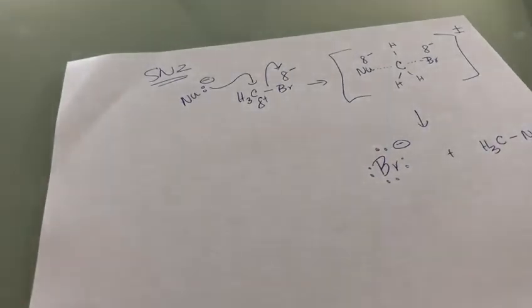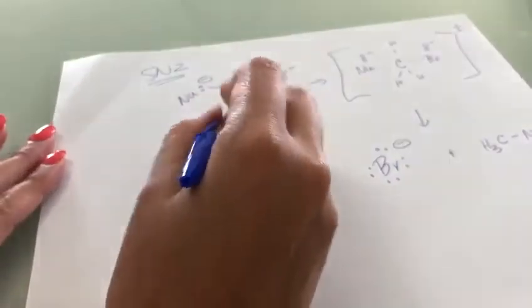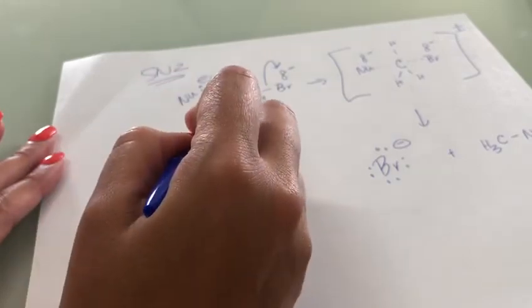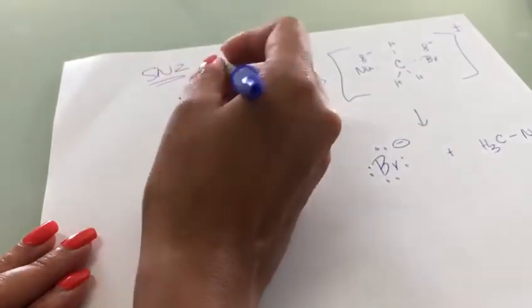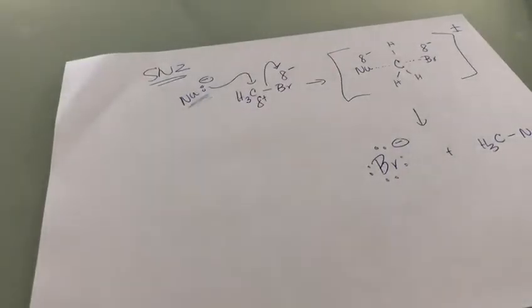Okay, for SN2 reactions, everything happens in the same step. As the halogen leaves, the nucleophile is attacking this carbon from the opposite side. So we need all the power that we can get to the nucleophile. You want to imagine it that way.